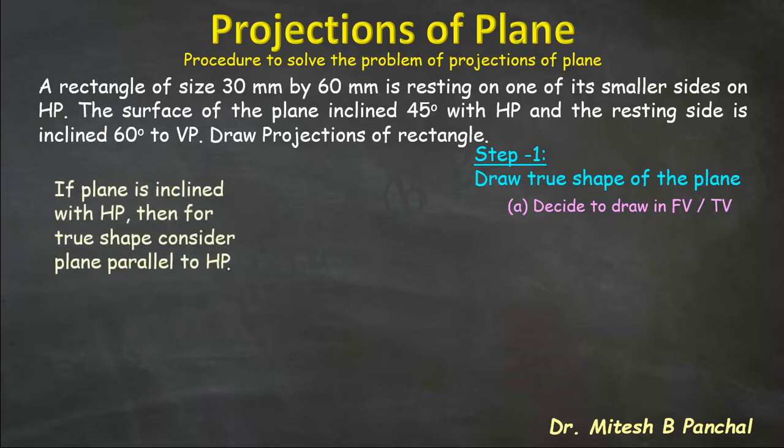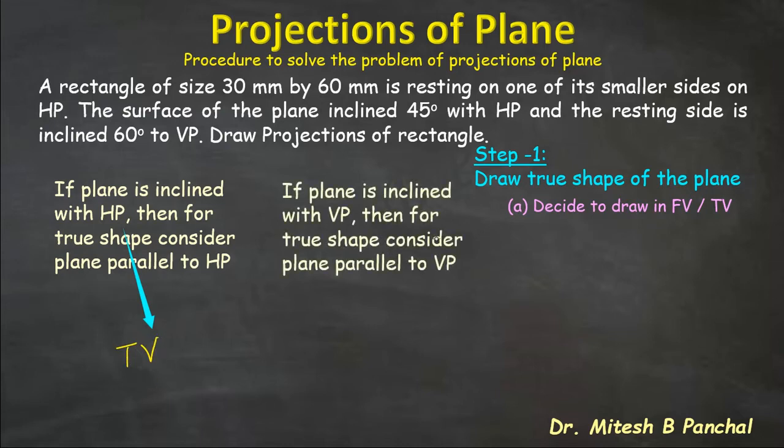Suppose the plane is inclined with HP, then for the true shape, consider the plane parallel to HP. When we consider the plane parallel to HP, for this particular case we will get the true shape in the top view.